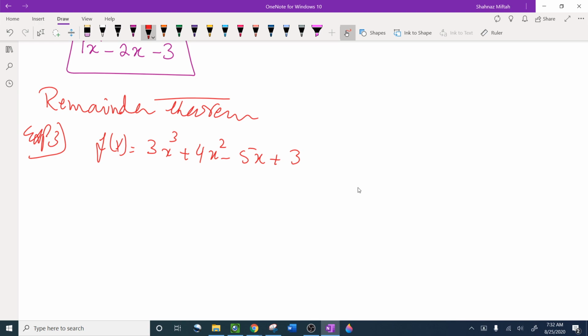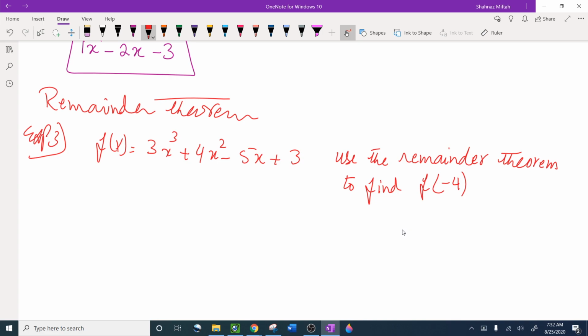Use the remainder theorem to find f of negative 4.